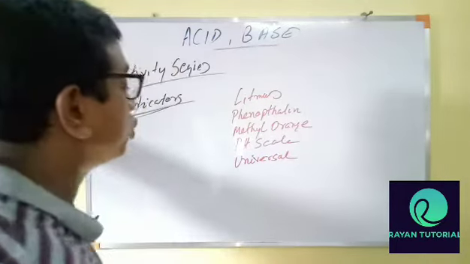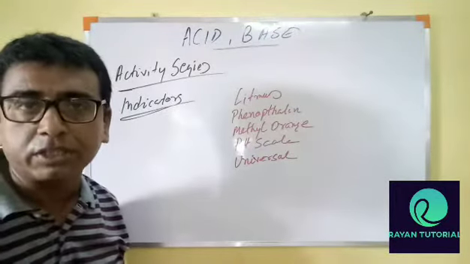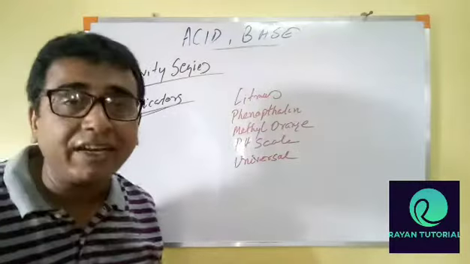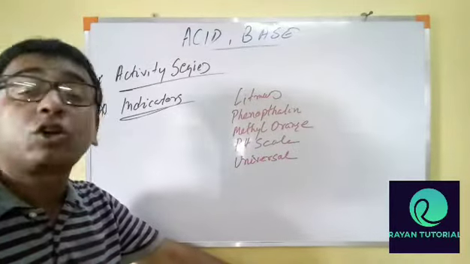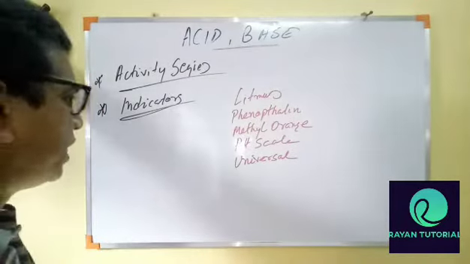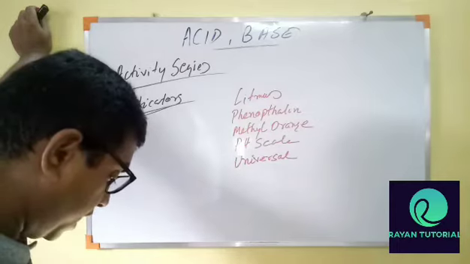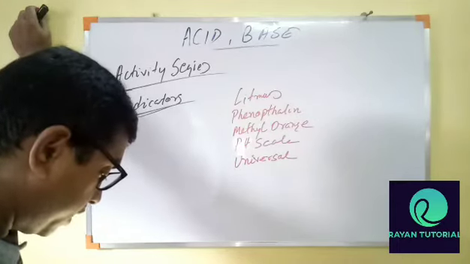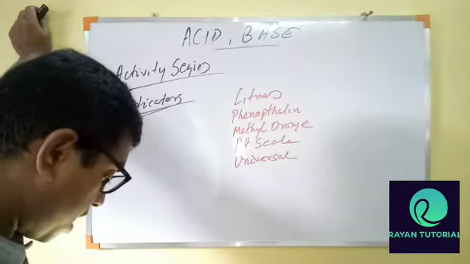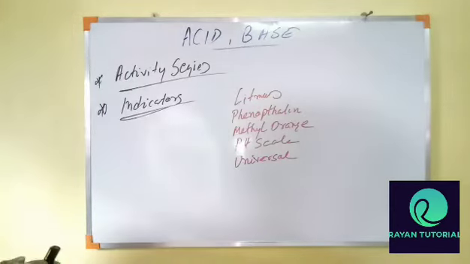You will get to know all of these when you go to the lab. I don't think in class 10 you go to the lab, but in class 11, when you start your practicals, you have to use all these things: litmus, phenolphthalein, methyl orange, pH scale, universal. What else? I think that's all.